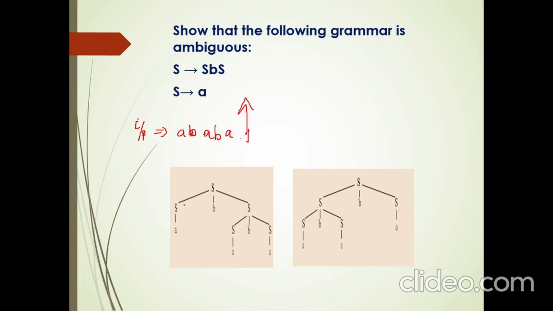You can see here S gives SBS, S gives A. Finally, this one S gives SBS, and this will give you A. Similarly, I have obtained one more parse tree based on the LMD.